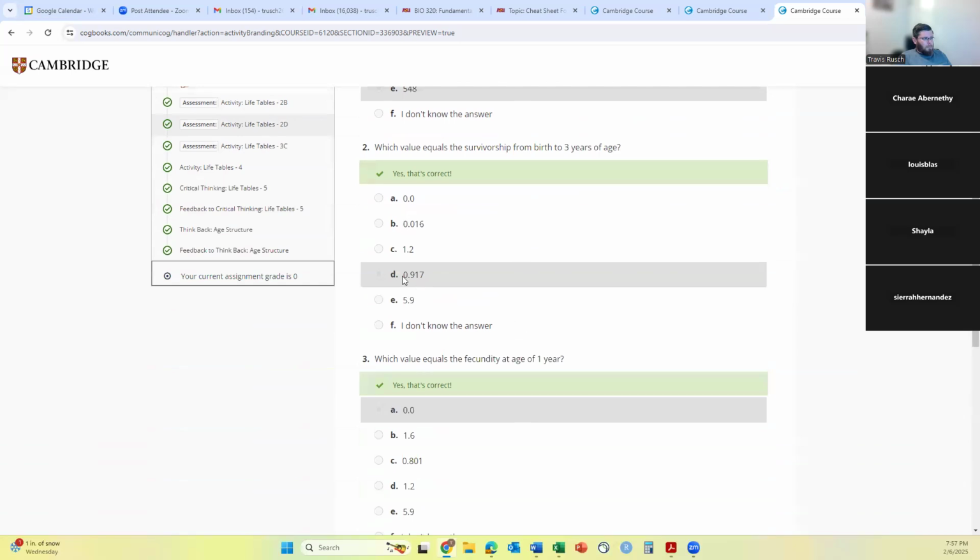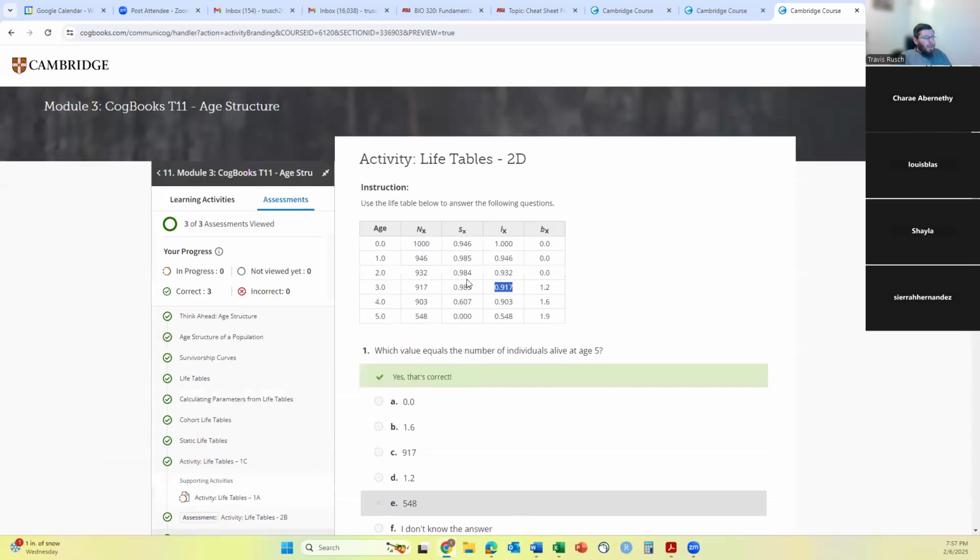Would you please describe the difference between SX and LX? SX is defined as survival rate, and that tells us from 1 year to the next. So that's going to tell us how newborns, of the 1,000 of them, 94% of them are going to survive to be 1-year-olds the following year. And LX? And that's our survivorship.